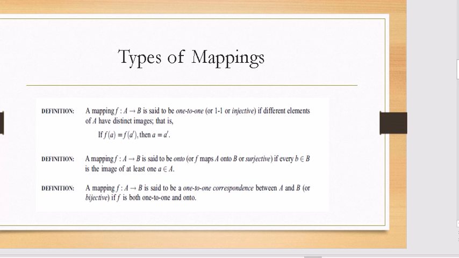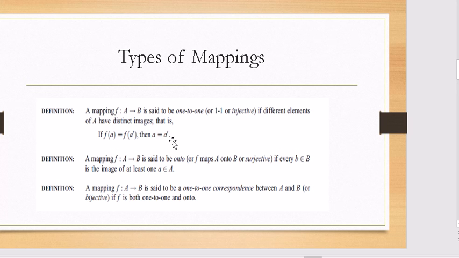Now first I will explain what a one-to-one mapping is. A mapping f is said to be one-to-one if different elements of A have distinct images. That is, if f of a equals f of a dash, then a equals a dash.